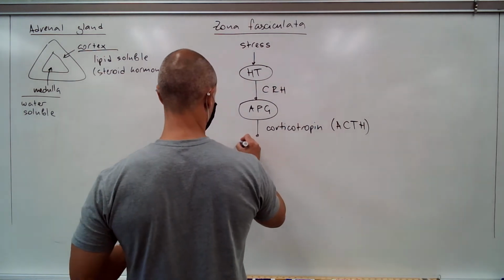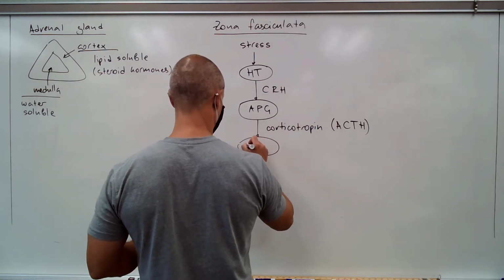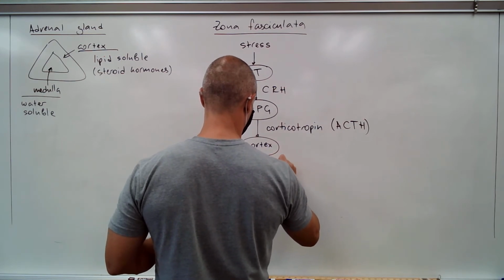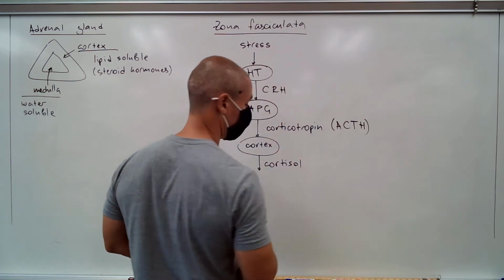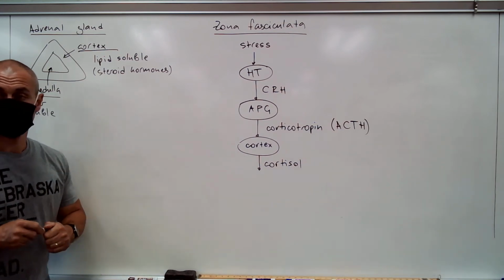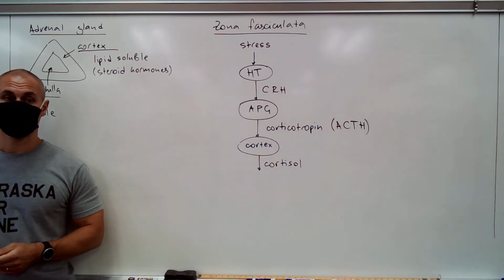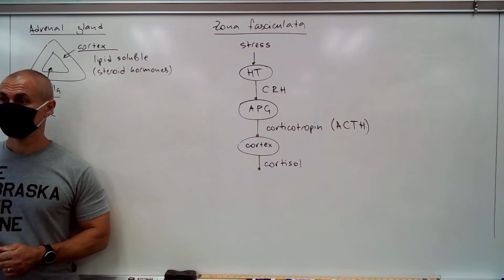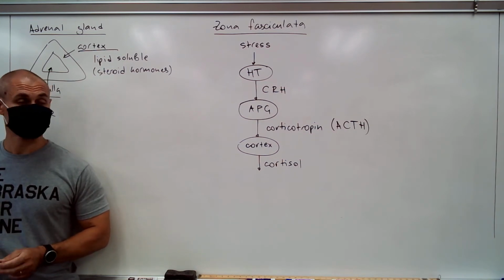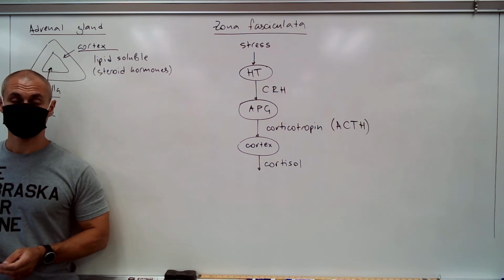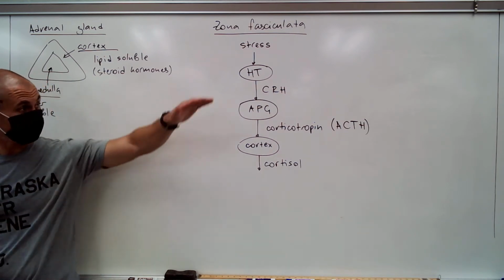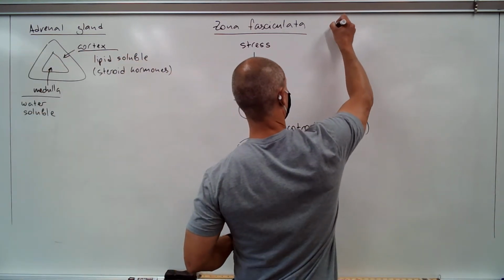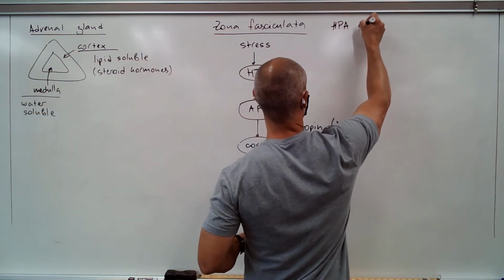And it acts on the adrenal cortex, which releases a hormone called cortisol. Okay? So far, does that make sense? So this is called hypothalamus pituitary adrenal axis.